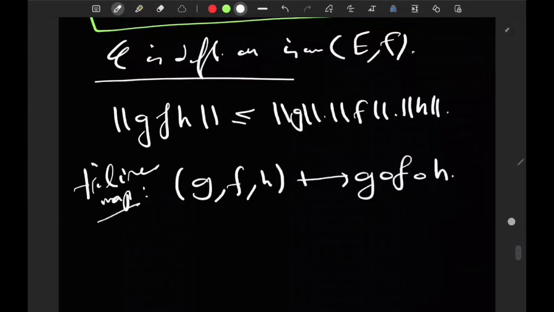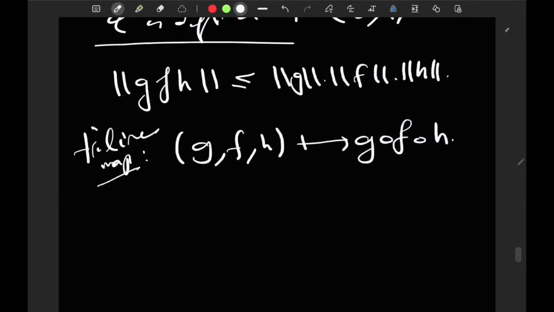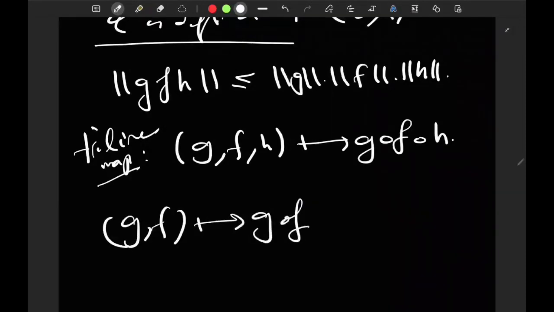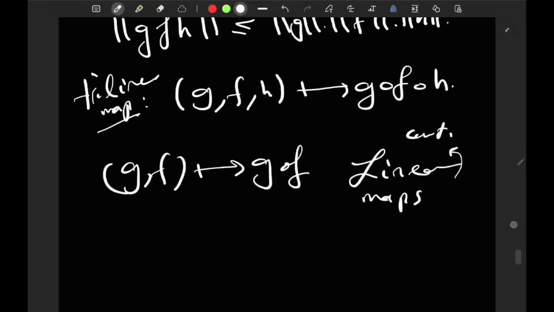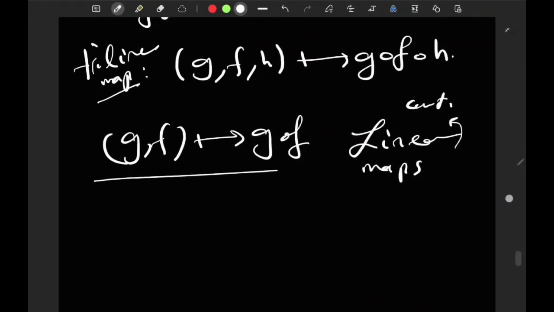And we actually showed that the analogous thing to this, which is (g, f) maps to g round f, is bilinear continuous so long as we are working on spaces of linear maps which are continuous, so linear continuous maps. So let me write this.